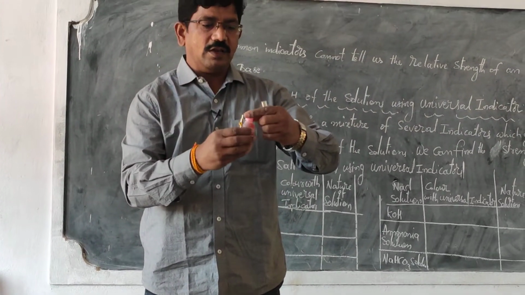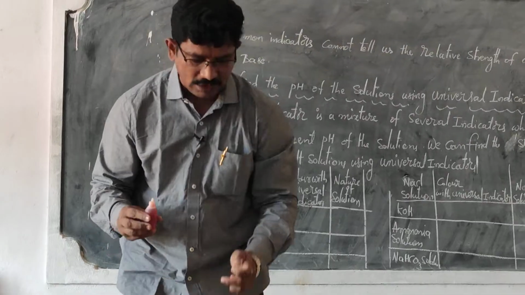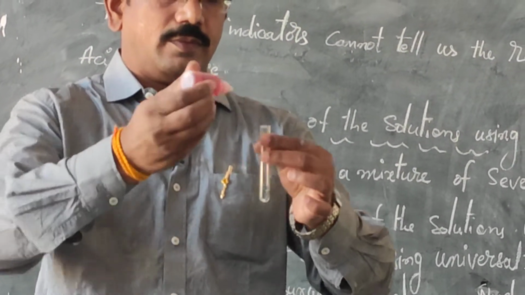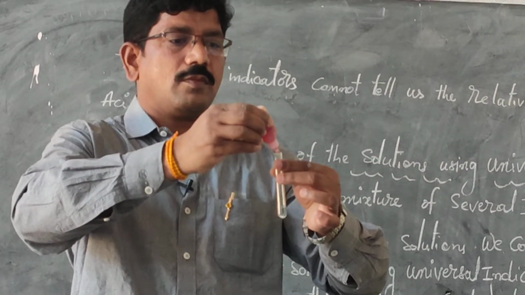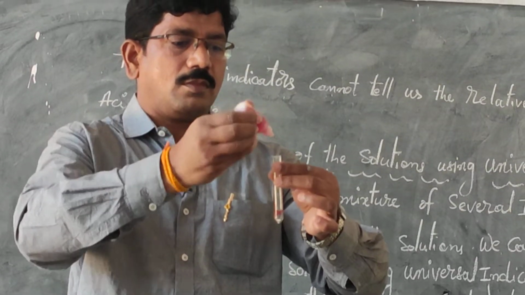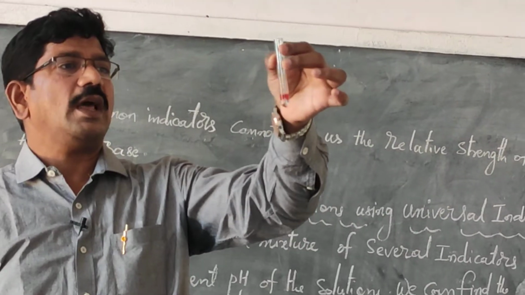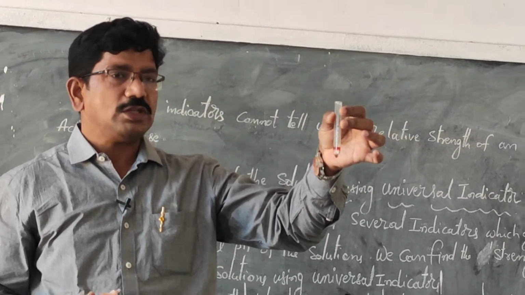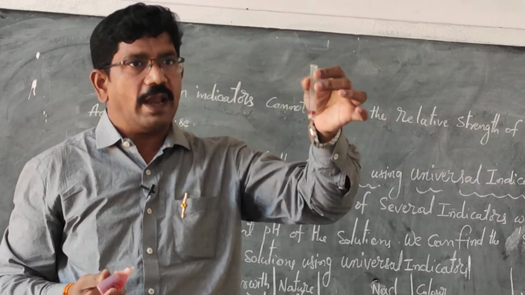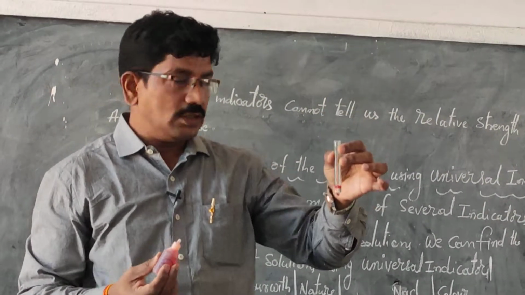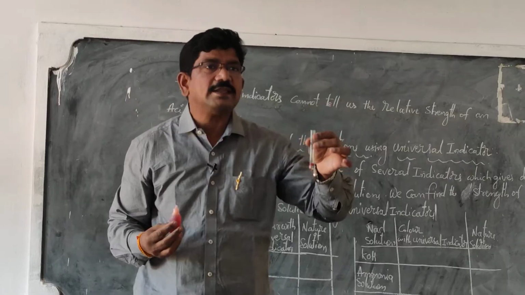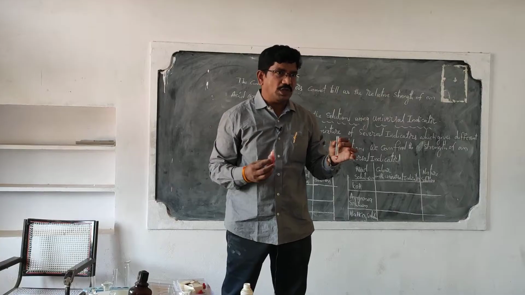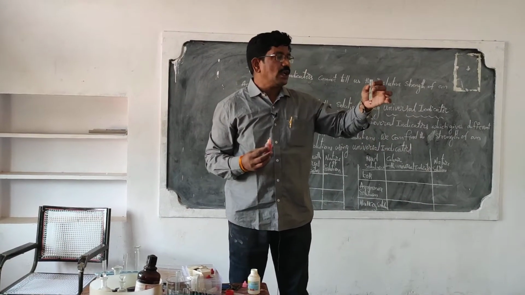I am adding a few drops of methyl orange. What happened to methyl orange? To which color? Red color. Methyl orange changed to red color. So the solution which we have taken is an acid, isn't it? So acids change the color of the methyl orange indicator. Orange color turns to red.